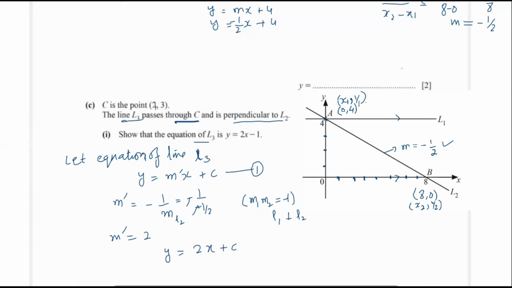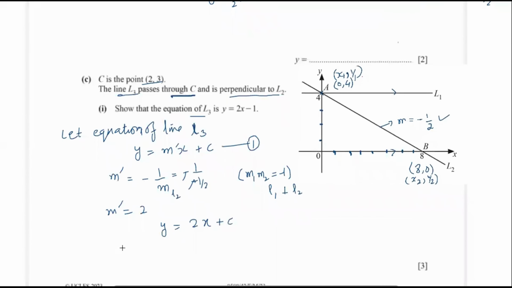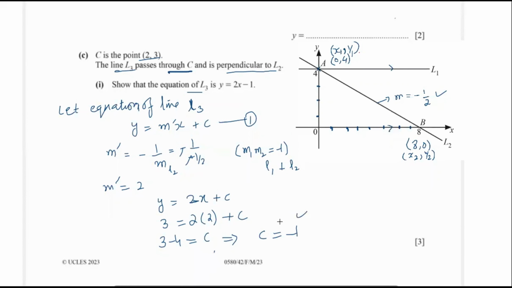This line passes through the point (2, 3). Therefore, we substitute y equals 3, x equals 2. Therefore c will be 3 minus 4, so c equals minus 1. Now we put c equals minus 1 in this equation and we get y equals 2x minus 1, which we had to prove.